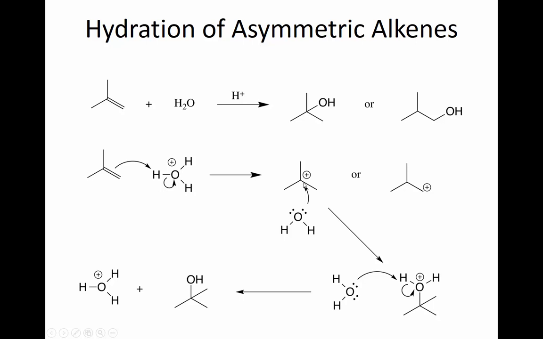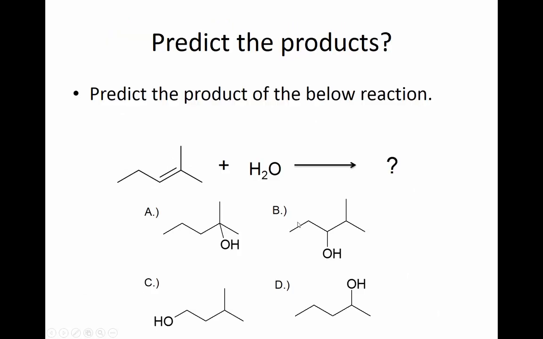Water will react here or here. And what we see is that we get the more highly substituted alcohol here, because the more highly substituted carbocation is more stable. And so with that we can predict this reaction here.